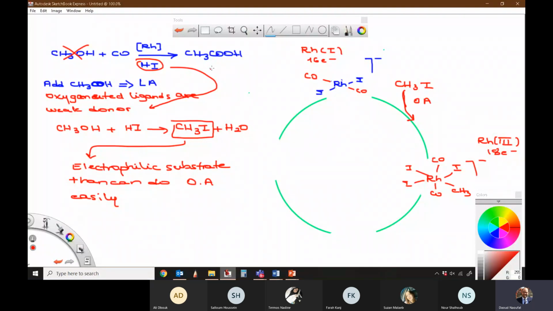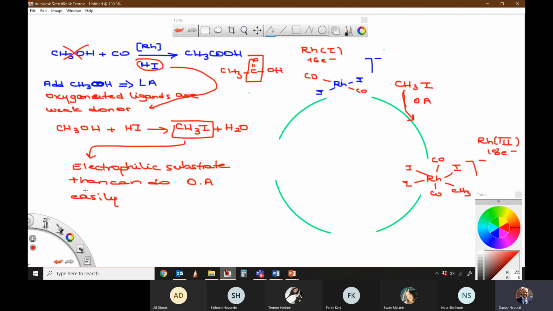We have appearance of carbonyl. The appearance of carbonyl is possible only when you transform the C triple bond O to C double bond O, and this is possible if you write the migratory insertion.